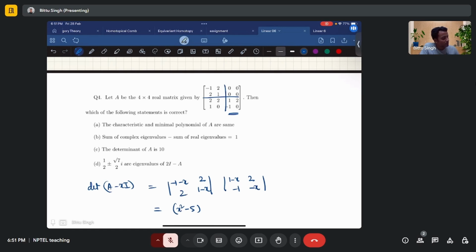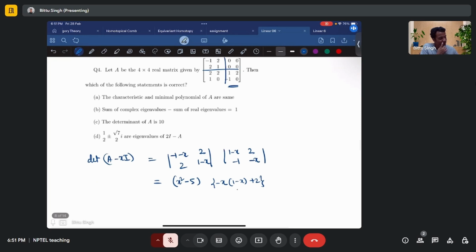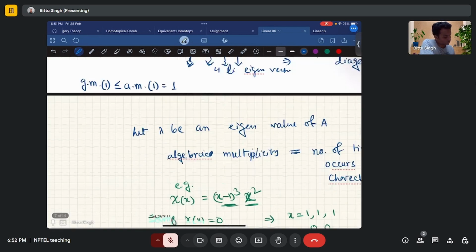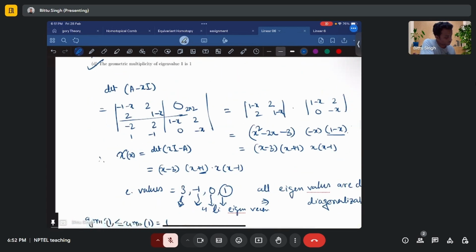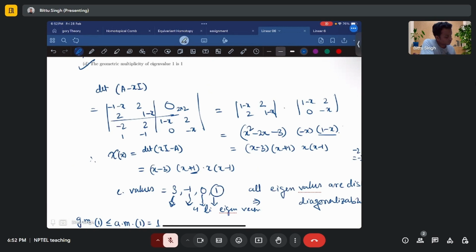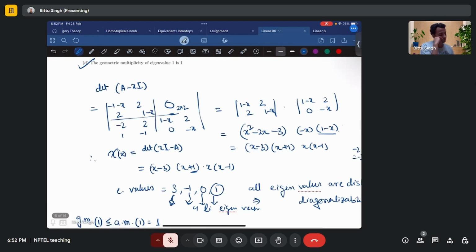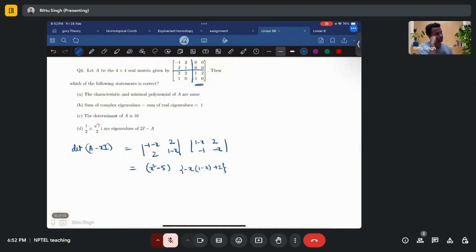Okay, and the second thing will be minus x times 1 minus x plus 2. We have already calculated this thing. Oh no, that is different, so we need to calculate it again.